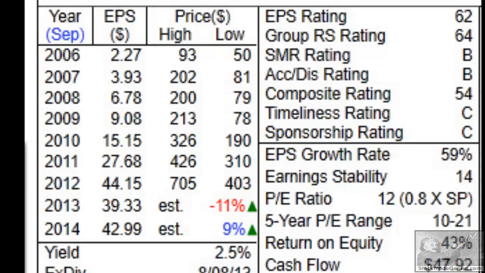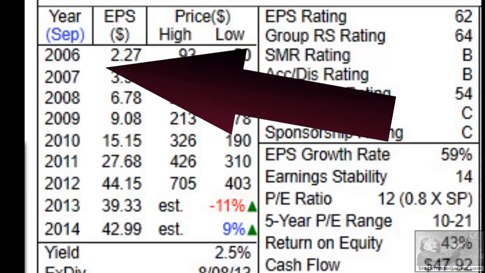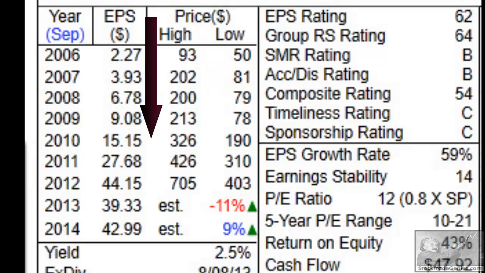Going down 2007, 8, 9, 10, 11, 12, 13, and expected for 14. You can look at those numbers growing by and large from, in 2008, $6.78 to $9.08 the next year to $15.15 to $27.68 to $44.15. A little bit of setback this year in 2013, and then in 2014 it went to $42.99. What does that mean?